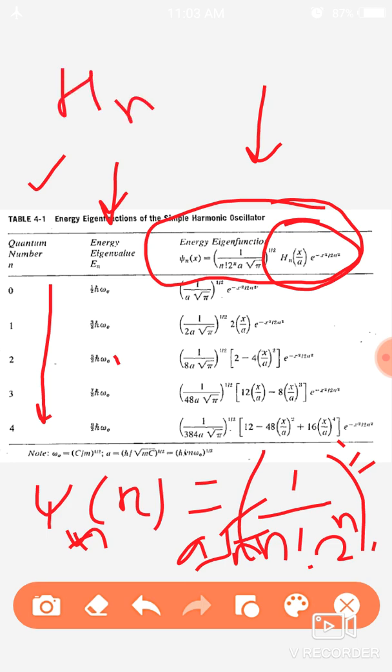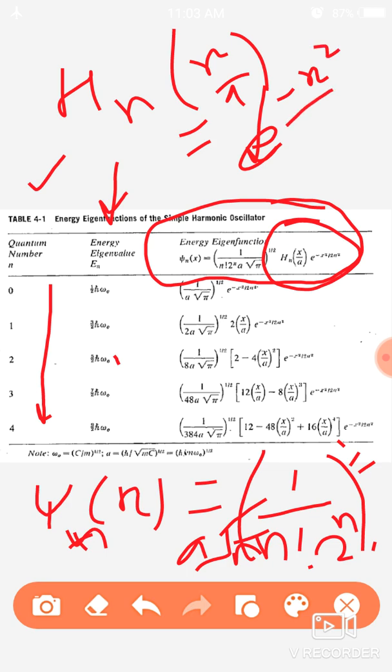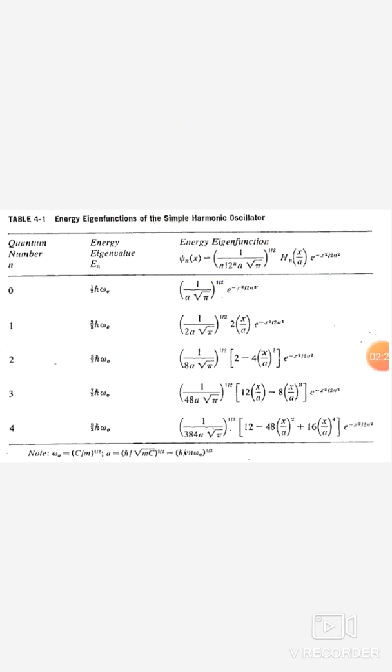This polynomial H n x upon a is equal to exponential minus x square upon 2. So by putting this value, what will we have?